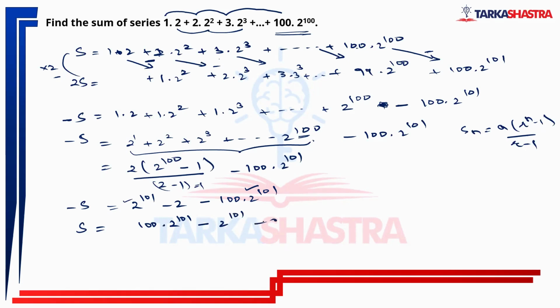And minus 2 will become plus 2. So this is 2 raised to 101 common. 100 minus 1, this is 100, minus 1 plus 2. So this comes out to be 99 into 2 raised to 101 plus 2. This is the value of S, which we had to find out.